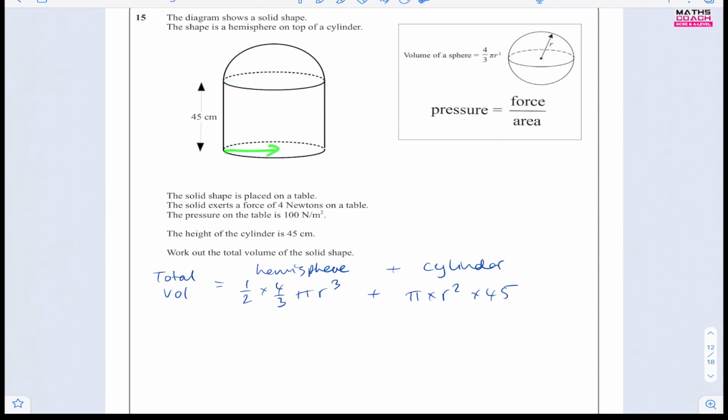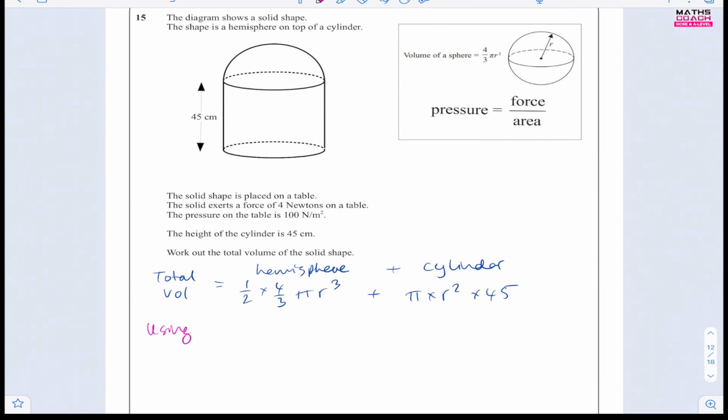Now we don't know the value of our radius, which is the same for both the hemisphere and our cylinder. But we do know that we have this formula to work with, which has the area. And we are told that the pressure on the table is 100 newton meter squared. So we can rearrange this formula so that we can make area our subject, and using that we can find our radius. So let's go ahead and do that.